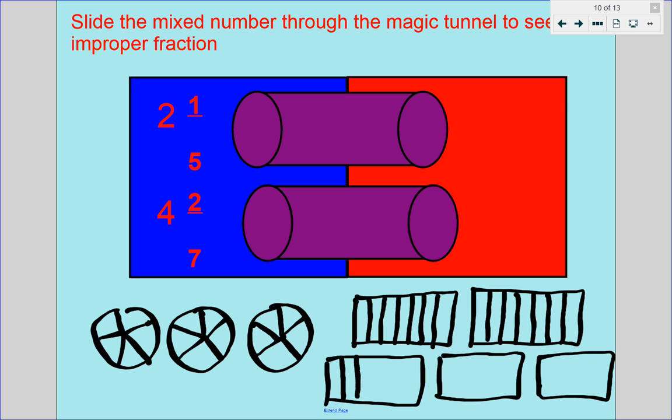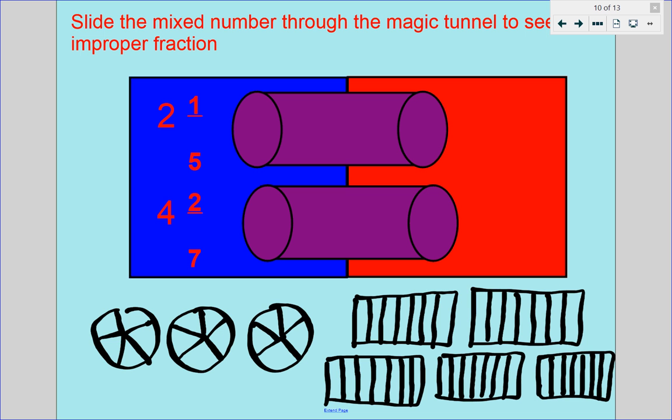So if I want 7, I'm going to have to draw 6 lines. 1, 2, 3, 4, 5, 6.